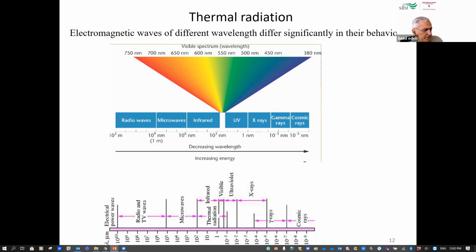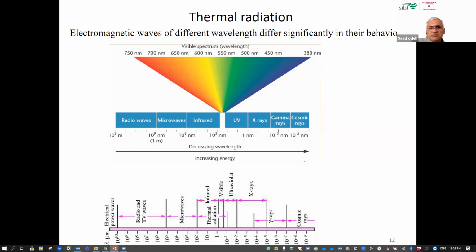So this is the range of visible radiation, or visible spectrum. Most of our work in thermal systems uses this range of wavelengths, because we are dealing with infrared and visible spectrum rays.